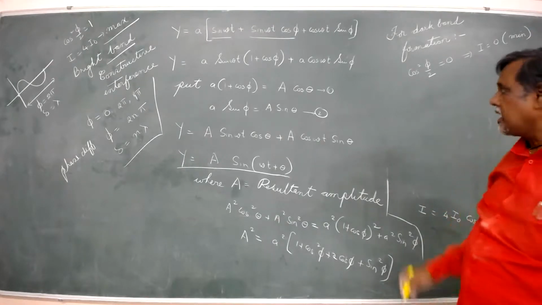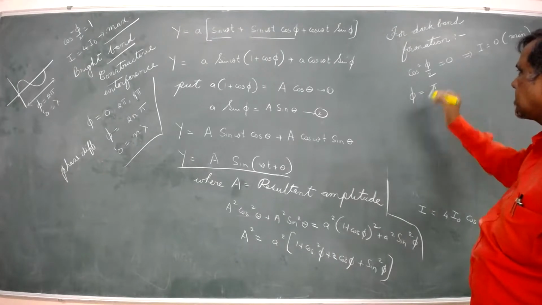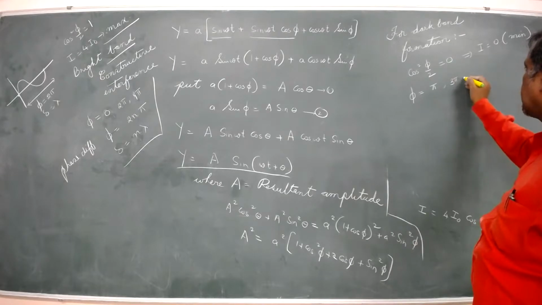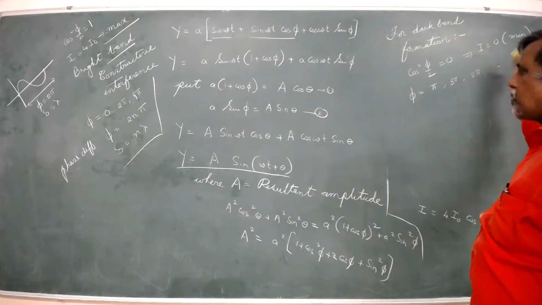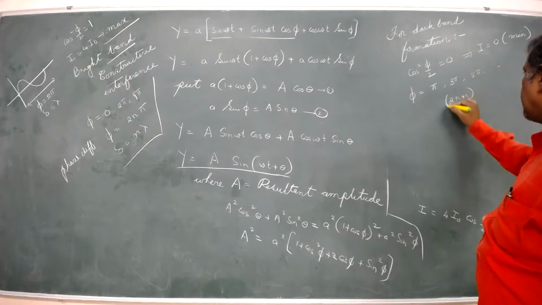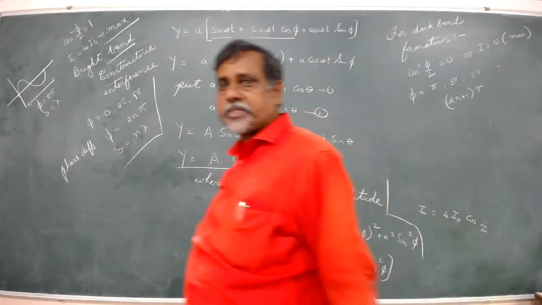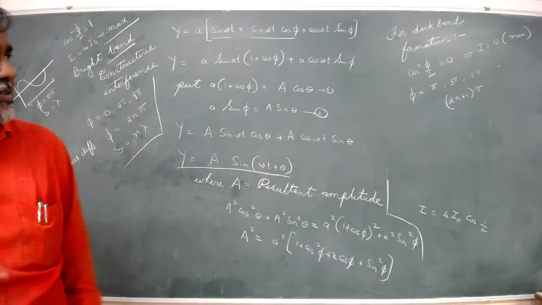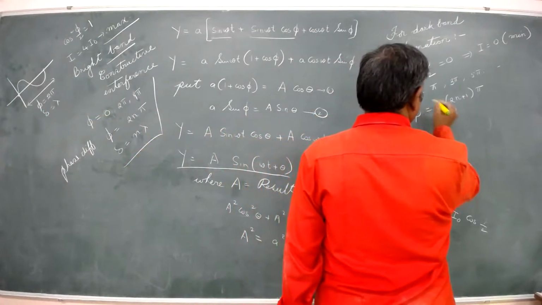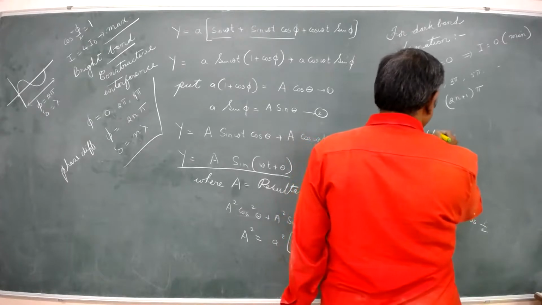For this, phi should take the values pi, 3 pi, 5 pi, that is, 2n plus 1 into pi. So the phase difference should be 2n plus 1 into pi.